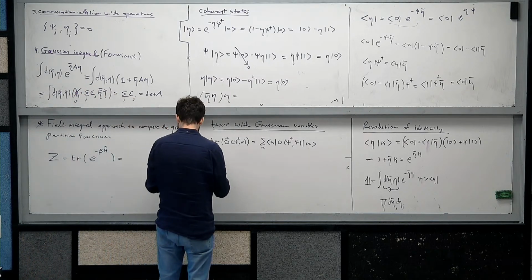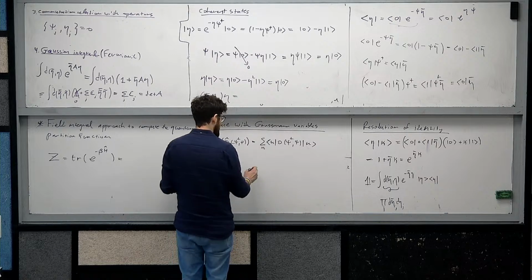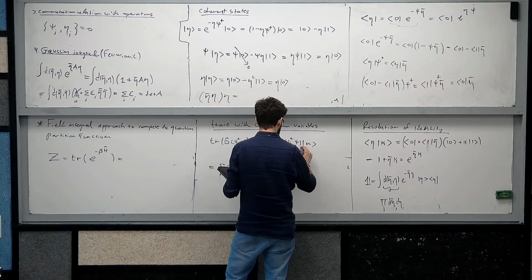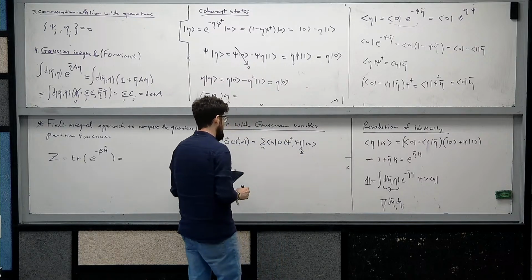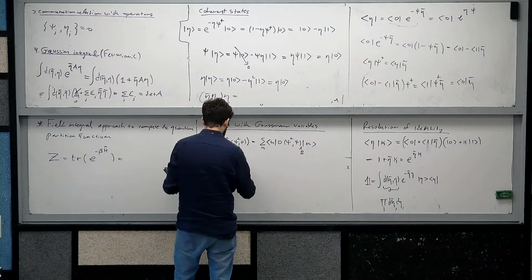And this means that we can write this guy as a sum over n, and here we're going to stick a resolution of identity.